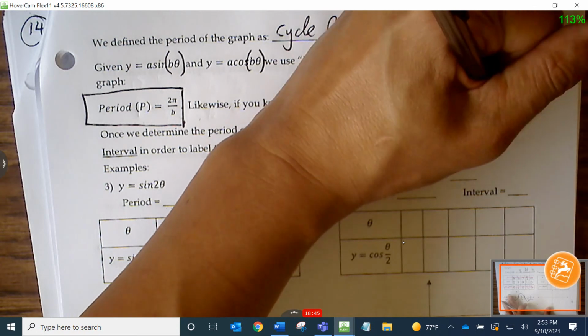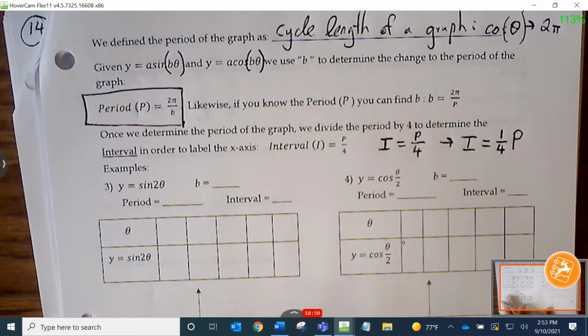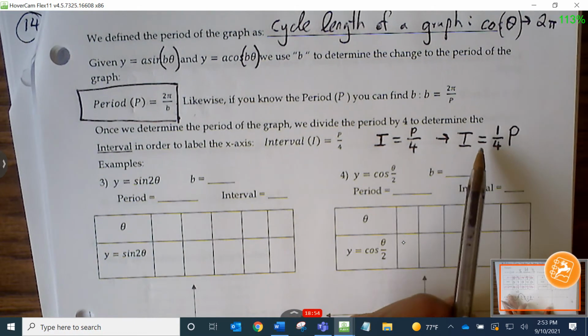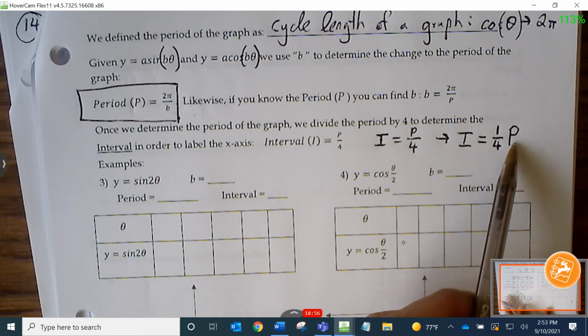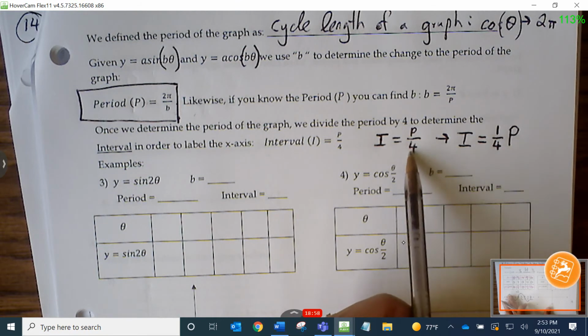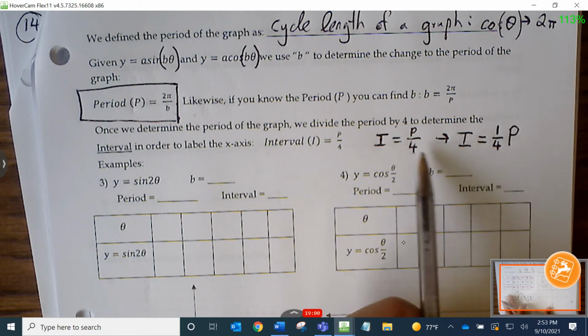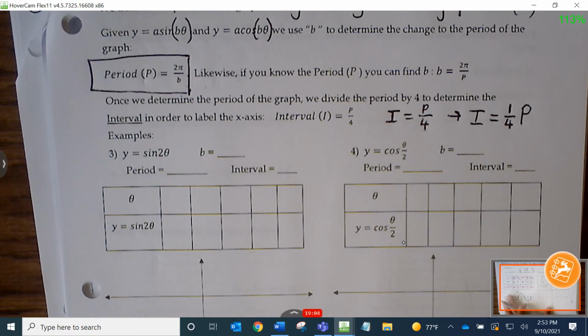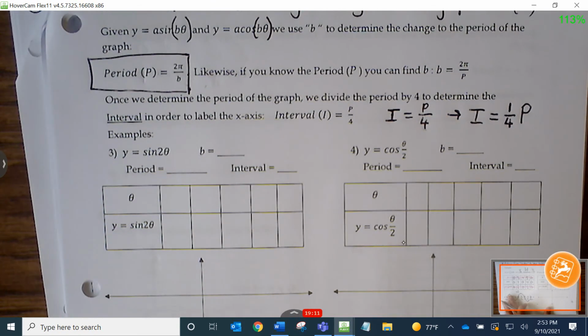You can either think of it as taking your p value and dividing it by 4, or you can think of it as 1/4 times your period value, because sometimes if you're dividing by a fraction, it can be a little uglier. So multiplying by a fraction is a little bit cleaner sometimes. So whichever one you feel more comfortable with, or you can alternate between those forms just depending on where the fractions are.